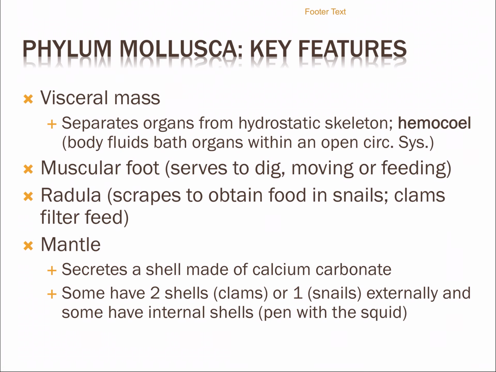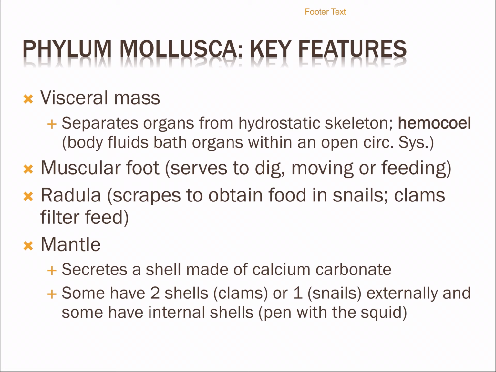So some of the key features, again, we've been talking about. The visceral mass separates the organs from a hydrostatic skeleton. So the skeleton is going to cover the entire length of the structures, and hydrostatic means able to move through the water easily.